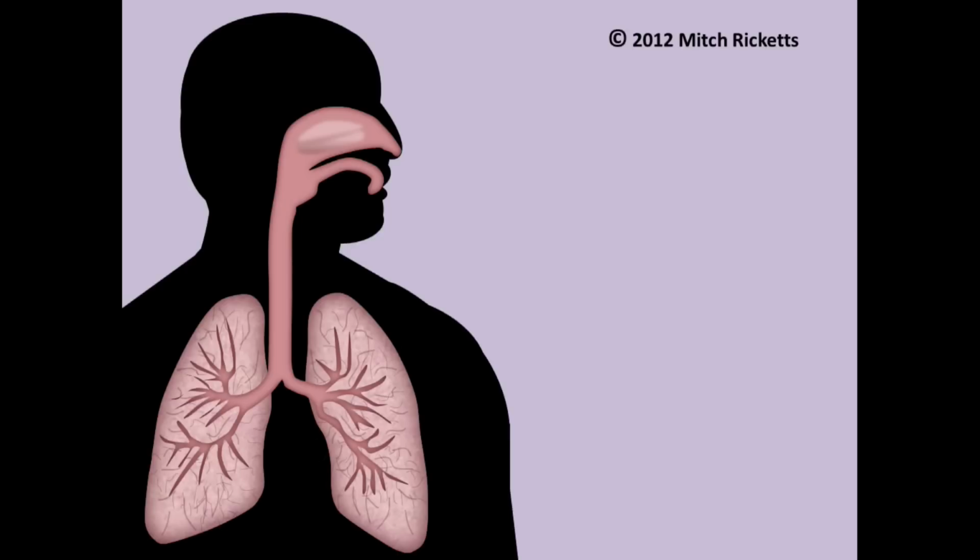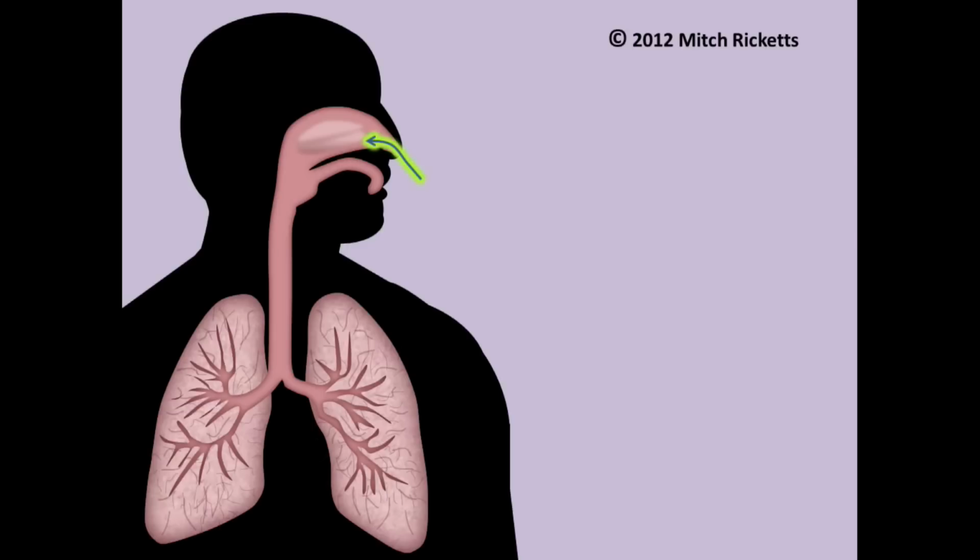And one of the things that I wanted to show you here would be an illustration that might help a student understand the disease process in asthma. All right? So here we've got a silhouette of a person with the airways drawn in, a very simplified view.